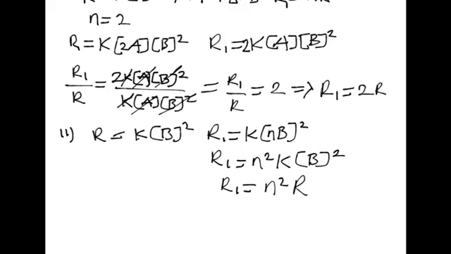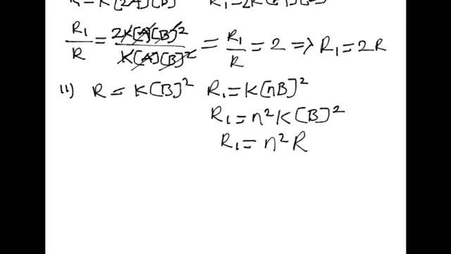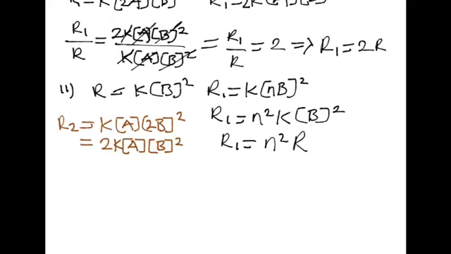So let's look at what happened. Let's call it R2 when B is doubled. So when we take R2, we have our K, our A, then we have 2B squared. So this is simplified as 2K, we have the square bracket of A and B squared.